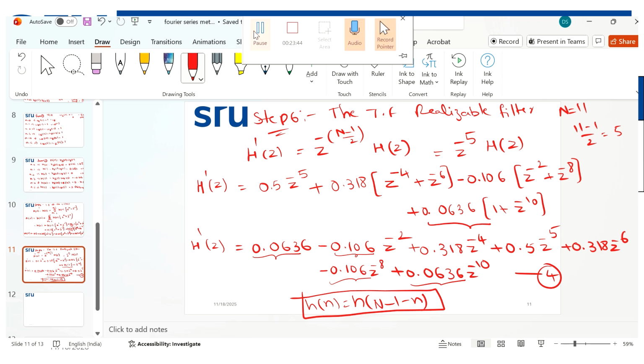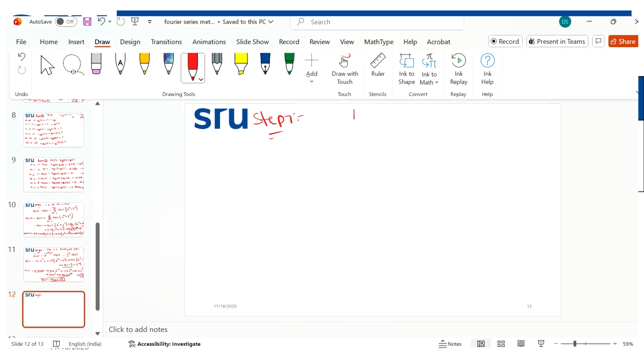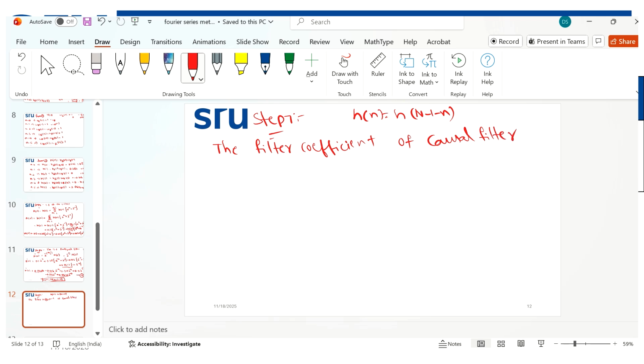Next step: from the above analysis we have identified that h(n) is equal to h(N-1-n). Therefore the filter coefficients of the causal filter are as follows. h(0) coefficient is equal to h(10) coefficient, N minus 1 minus n, where N is 11, 11 minus 1 that is 10 minus n. If n equals 0, h(0) coefficient is equal to h(10).